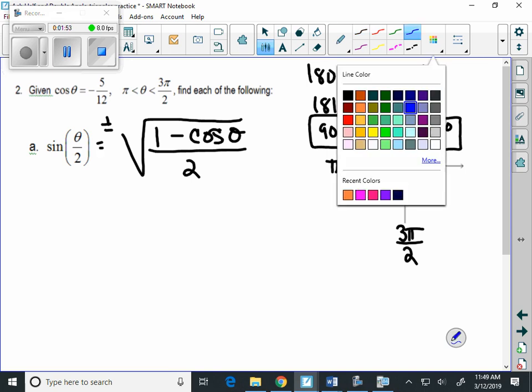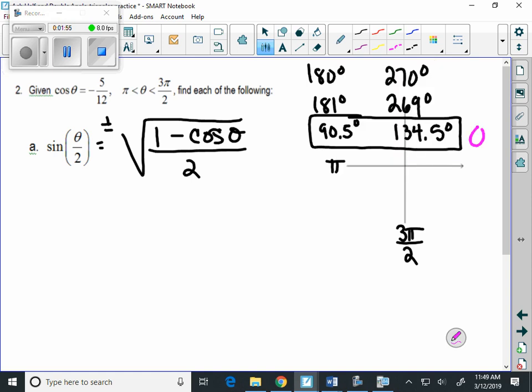And what you know is those are in quadrant 2. And is sine positive or negative in quadrant 2? Well, sine is positive in quadrant 2. So our answer to this problem is going to be positive.